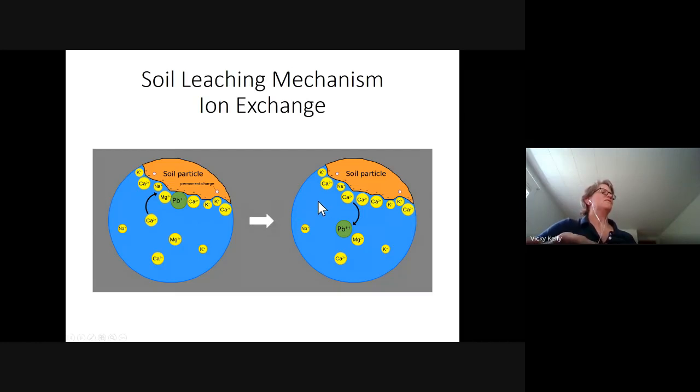Now what happens is if you add salt, so sodium or calcium or magnesium chloride, to this solution, you get the displacement of this lead ion from the surface of the soil. And then the lead ion now is in solution in the water that's surrounding this soil particle. And that's how it can be carried by gravity down into deeper groundwater.